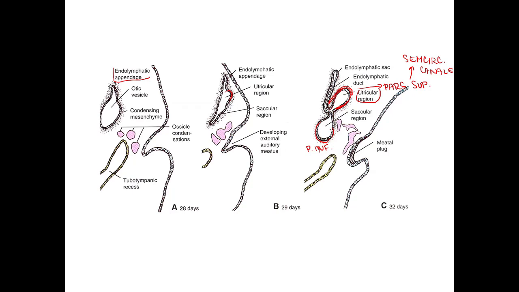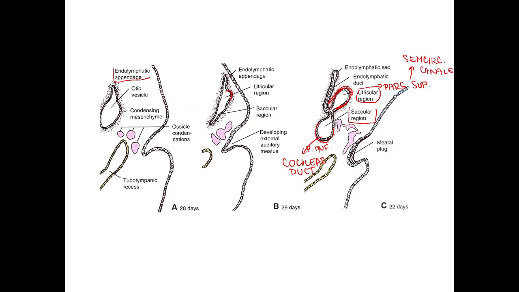The inferior part elongates and gives rise to the saccule, but it's not written here, also the cochlear duct, which is inside the cochlear duct.